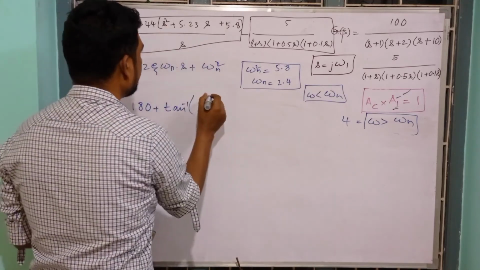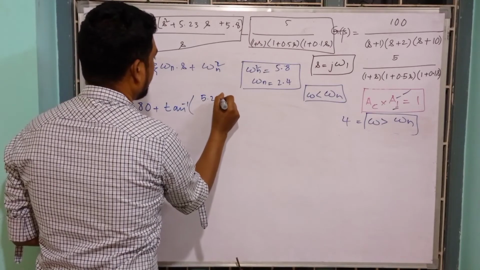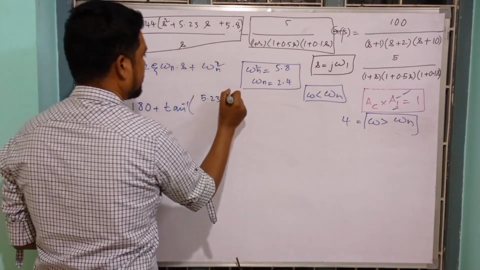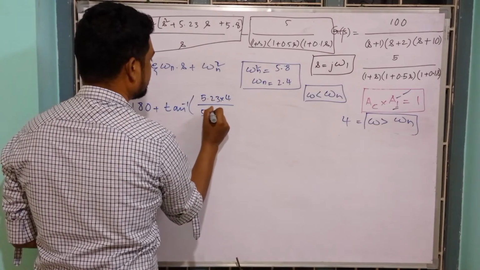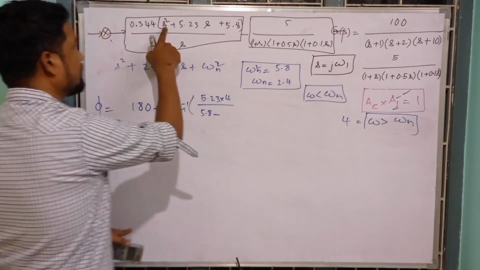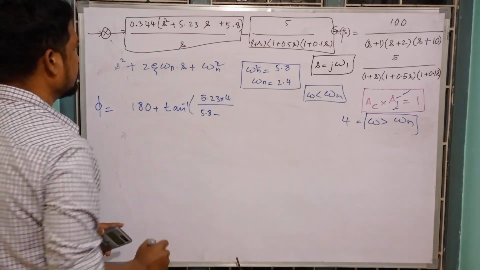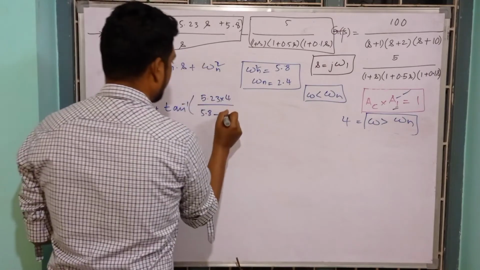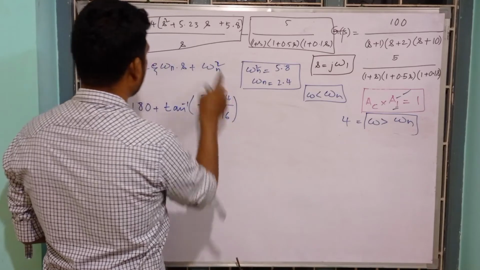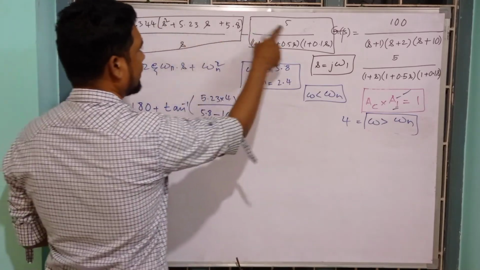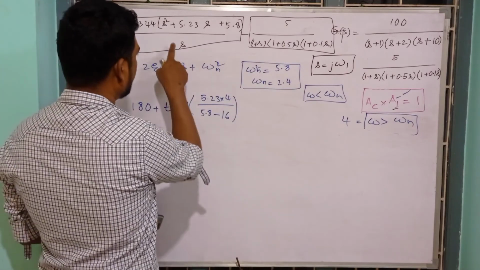Now this will be the imaginary, 5.23 into omega, so into 4, by the real part, 5.8 minus omega 1 square, isn't it? Plugging in s is equal to j omega, we will be left with a square, so we have to plug in 4 square, that's 16. Okay, so this is from this term. We have no phase, this value doesn't contribute anything for the phase value.